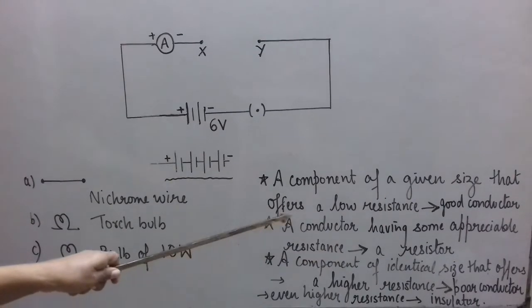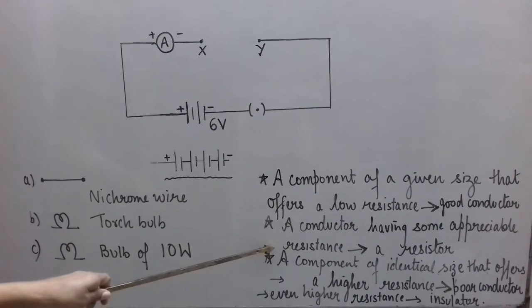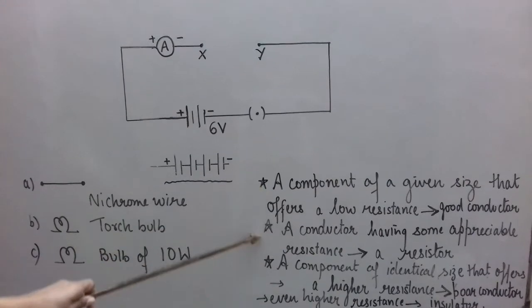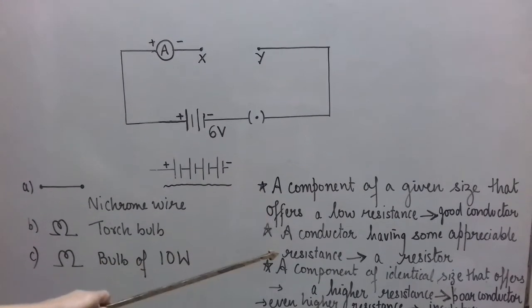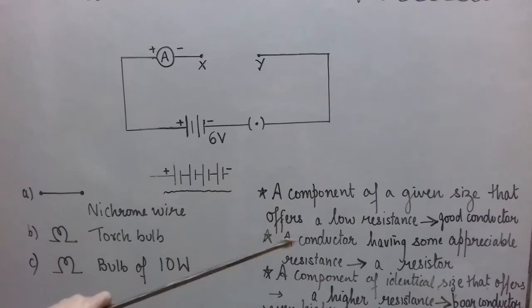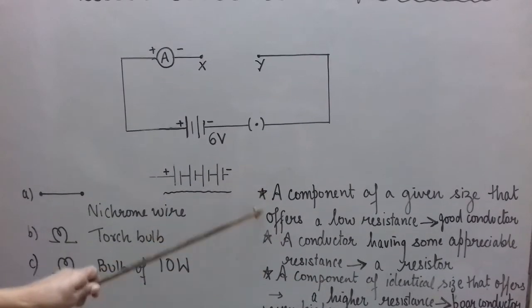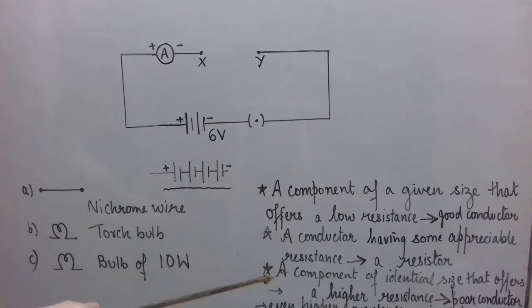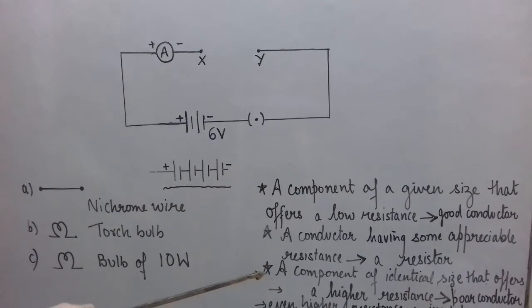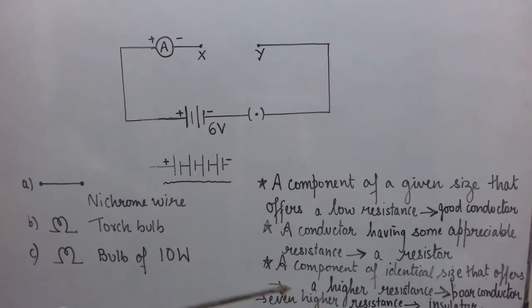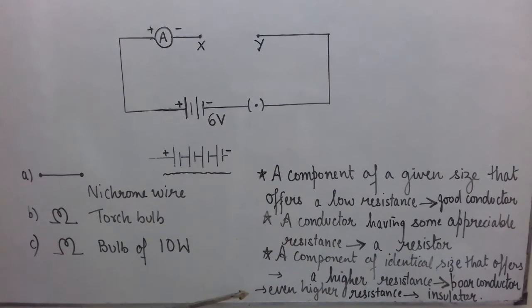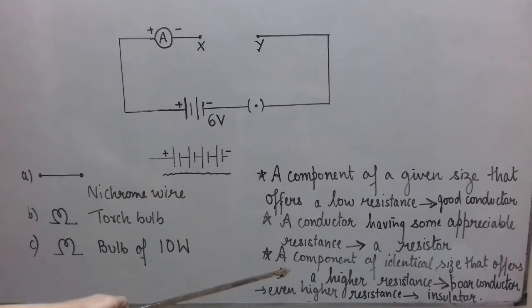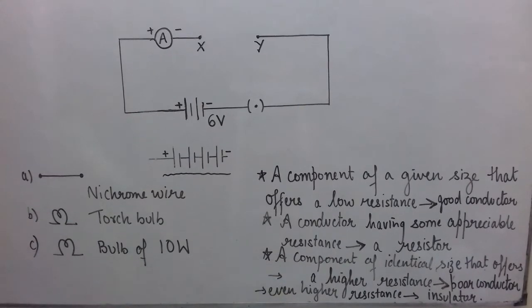A conductor having some appreciable resistance, and in this case we are considering that all the components are of the same size and we are comparing their resistance and giving them names. A component of the same, identical size that offers even higher resistance will be a poor conductor, and again a component of the same size that offers even higher resistance than the third case is an insulator.